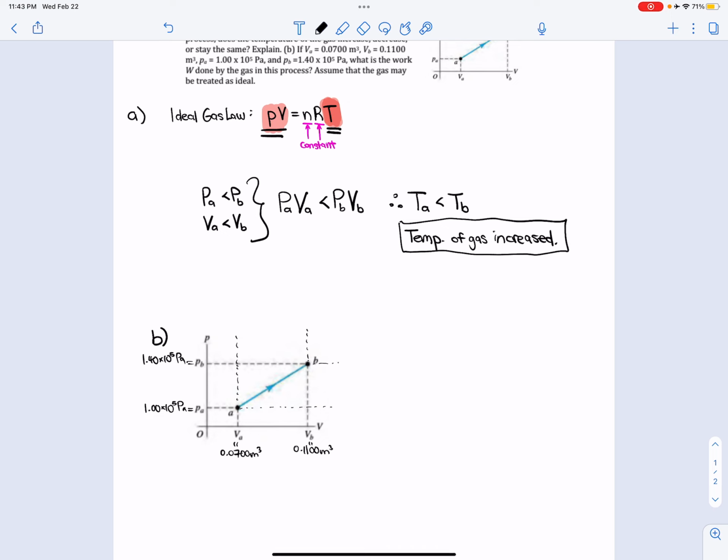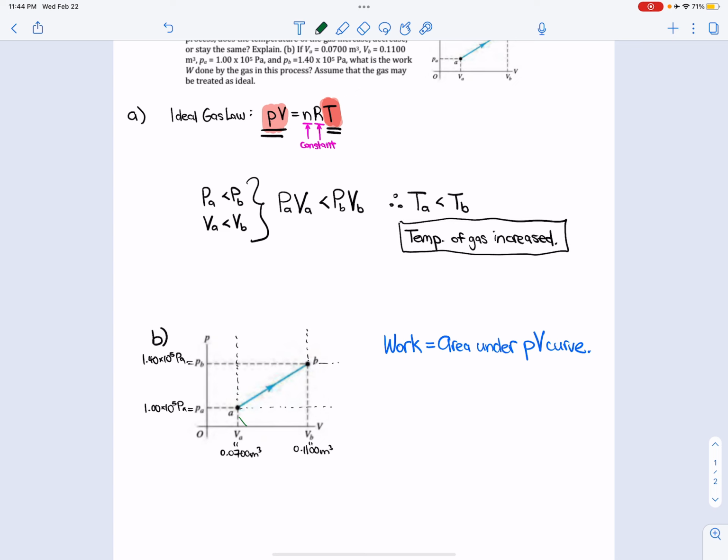All right. So let's recall that the work is equal to the area under the PV curve, the PV diagram. So what is our area?